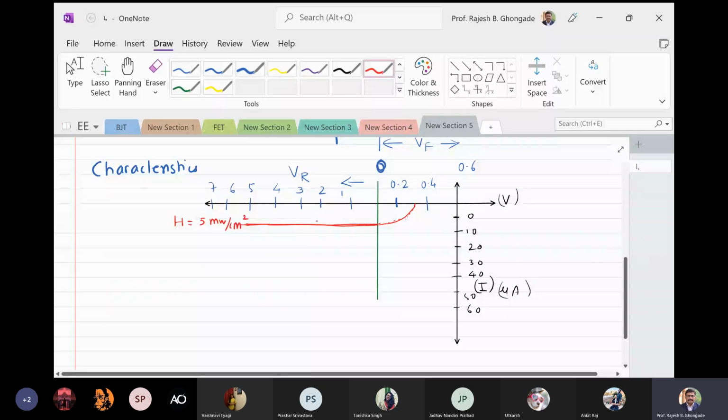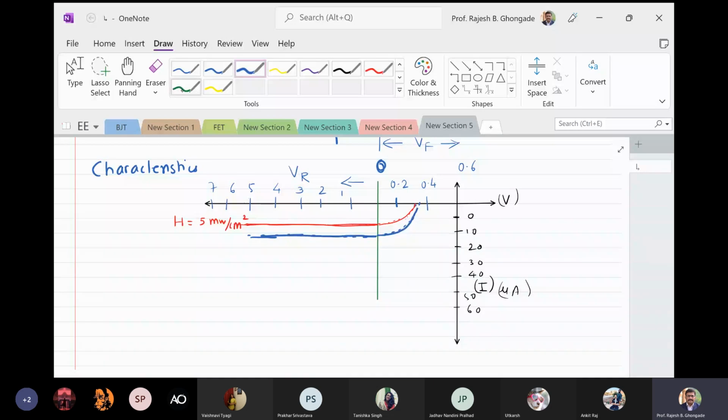As you increase the illumination, subsequently you get different curves. Alright.